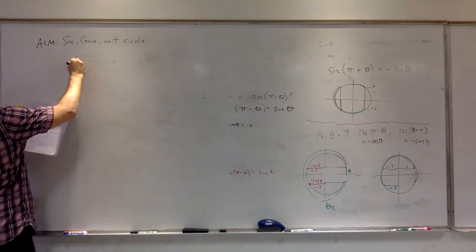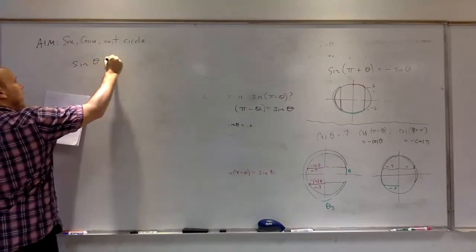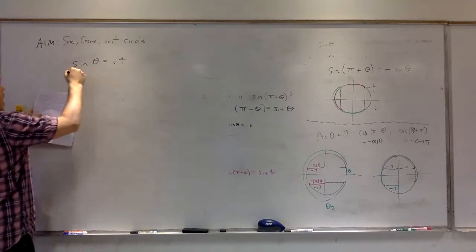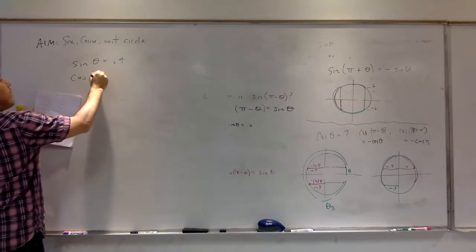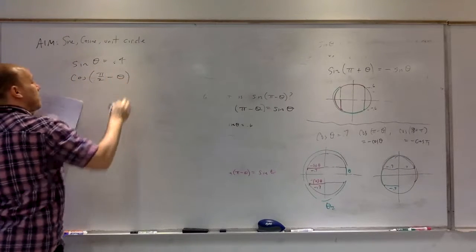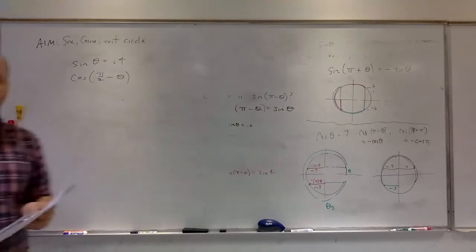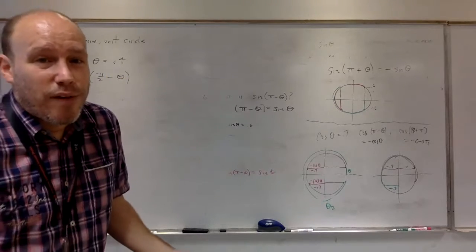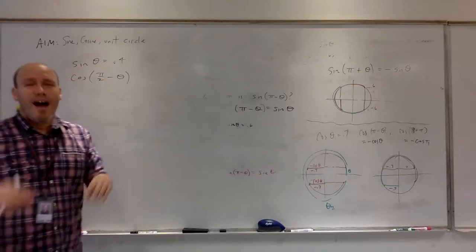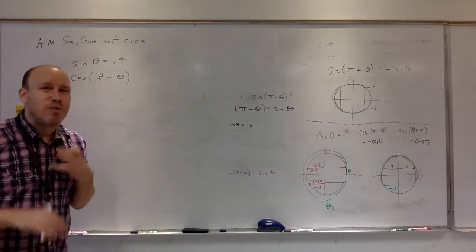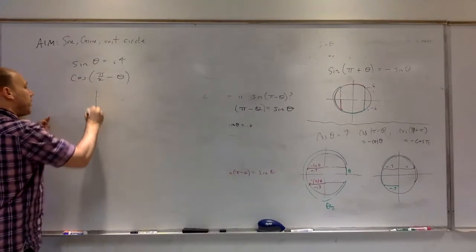So, next example, the sine of theta equals 0.4. I want to know what the cosine of 90 minus theta is. You could just plug this in the formula, but I want to use the unit circle. I find this fascinating, so bear with me.